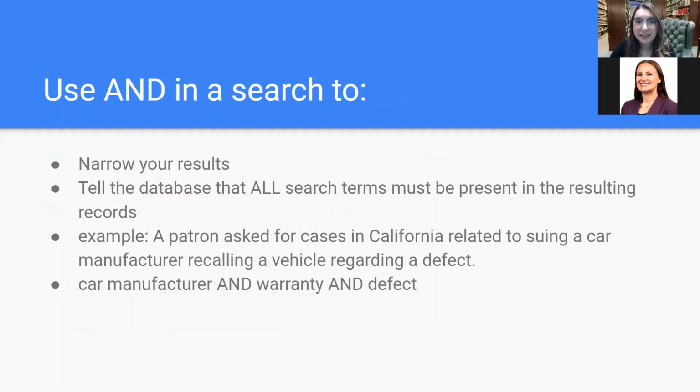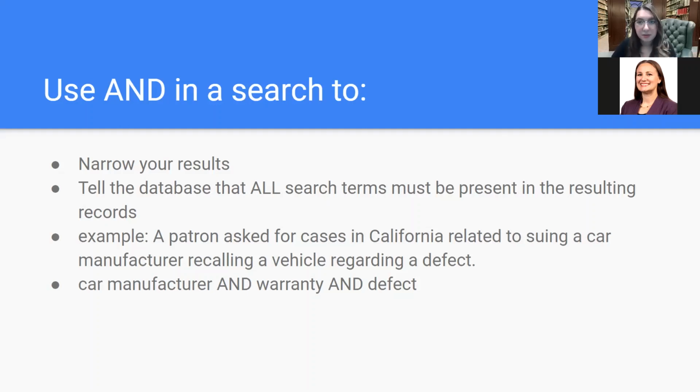To use "and" in a search, we would use it to narrow our results. We would tell the database that all search terms must be present in the record. So for example, a patron is asking for cases in California related to suing a car manufacturer for recalling a vehicle regarding a defect. I think I mistyped that, but I did receive this question recently.